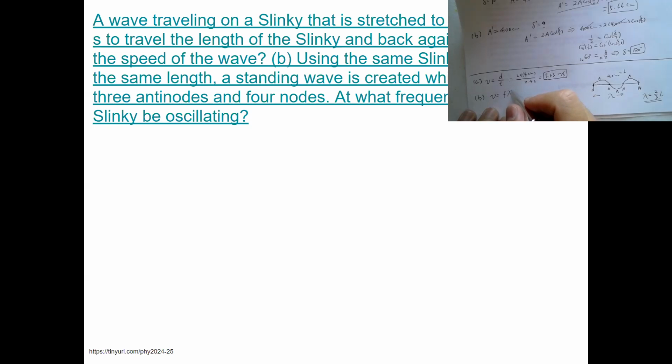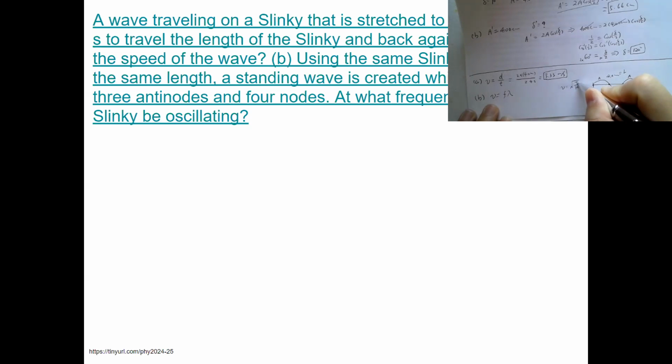If the slinky is stretched to the same length, you will have the same velocity, because this is a standing wave in a slinky. Although we haven't learned this yet, in the lab we learned that velocity is equal to the square root of T over mu, where mu is the mass density and T is the tension in the slinky.